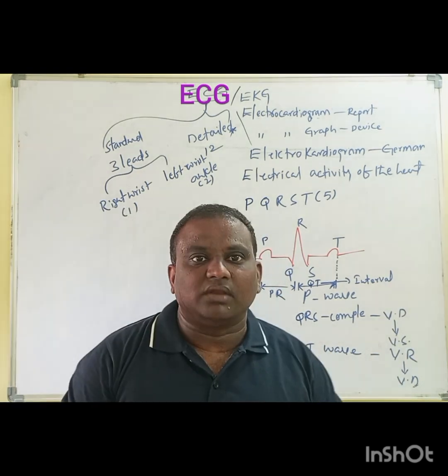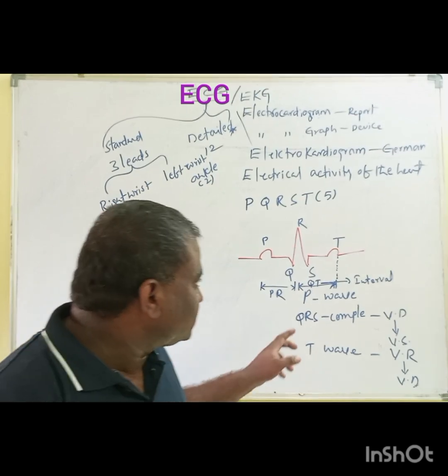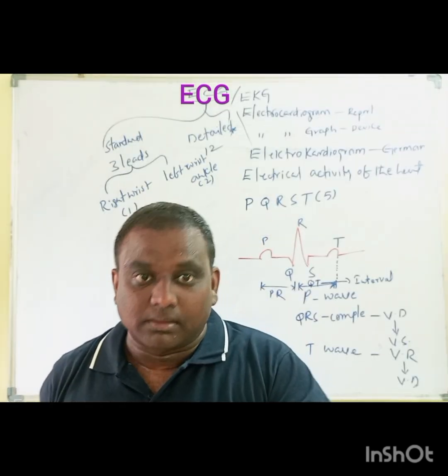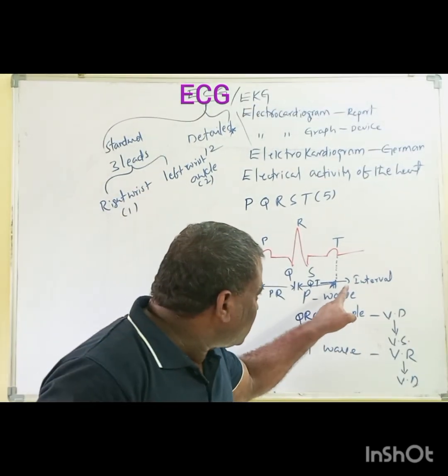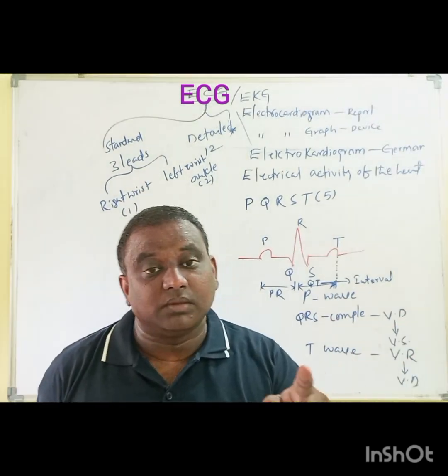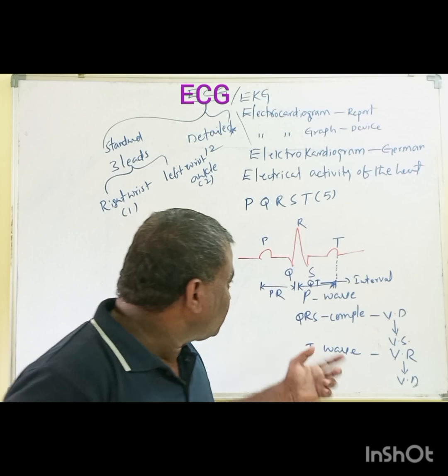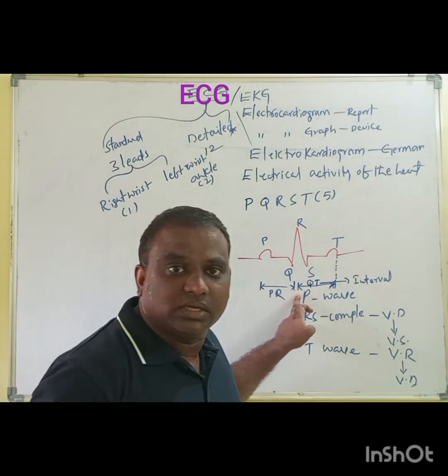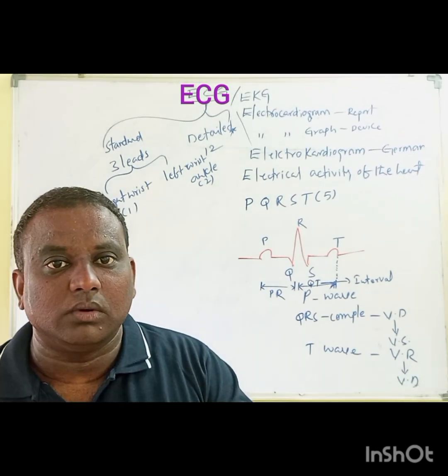There is one confusion very commonly seen in students. The T wave represents ventricular repolarization, but the end of the T wave represents the end of the ventricular systole. Why? Because the ventricular contraction starts shortly after the Q wave.